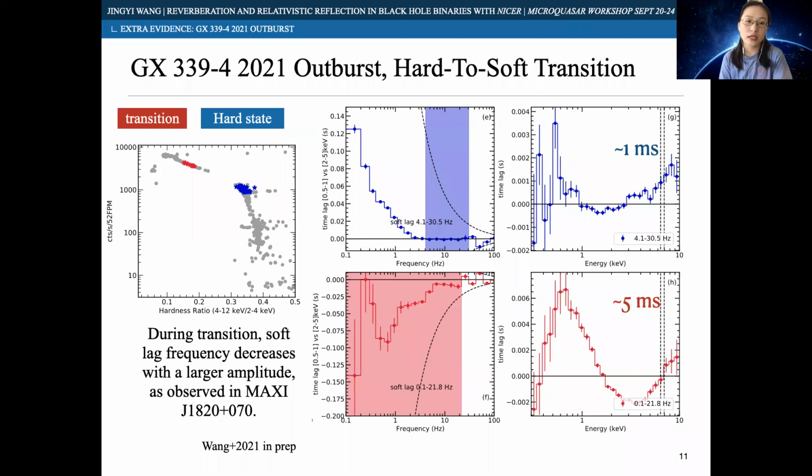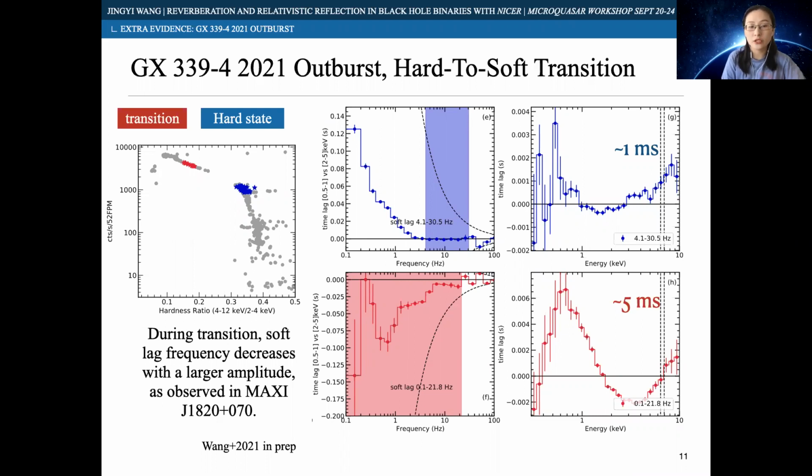In the HID, you can see the hot state epoch in blue and one of the epochs in the state transition in red. The middle column shows the lag frequency spectra, and the shaded ranges are where we detect soft reverberation lags, where you can see it occurs at lower frequencies with a much longer amplitude.